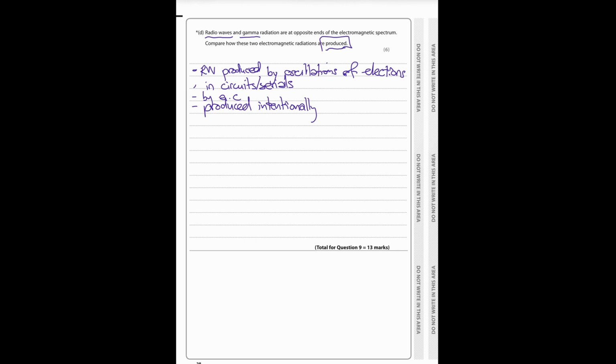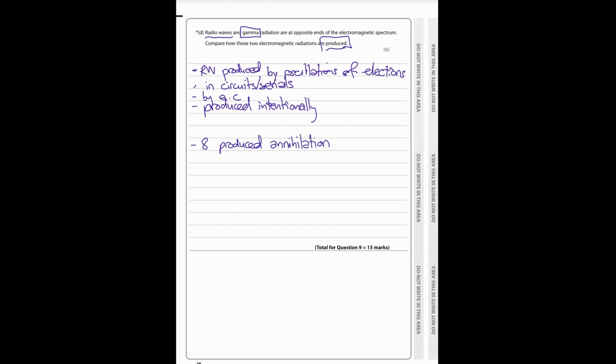Now, obviously, I'm not going to get into the top band unless I do exactly what it says. I need to also be talking about gamma radiation. So what do I know about how gamma is produced? Well, there are a few different things I can say for that. One way that gamma waves are produced is by annihilation. So again, I just need to make sure that I've done my content revision.